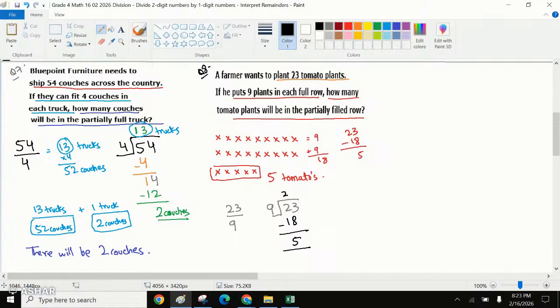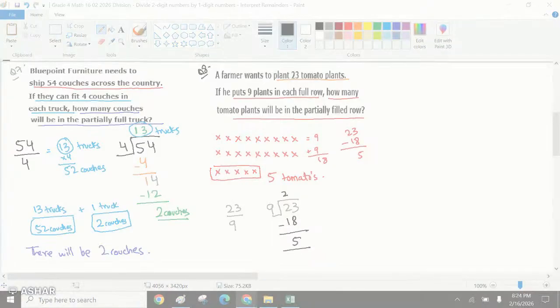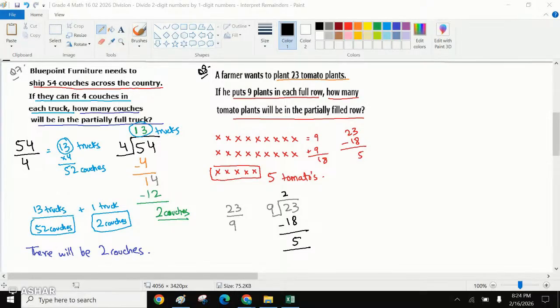Thank you, Sami. We can do it multiple ways. We can draw the rows because it's a smaller number, but if the number is very big, we cannot draw them, right? So the best way is to do the division, and whatever value is left at the end, if it's not perfectly divisible, that value represents the remainder.